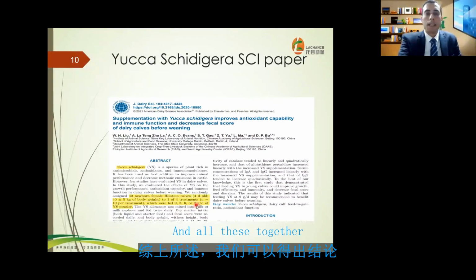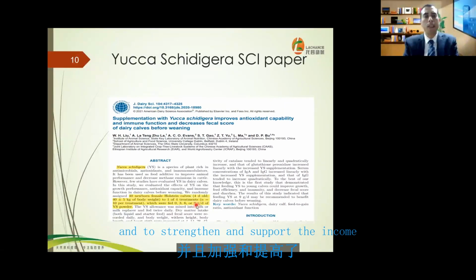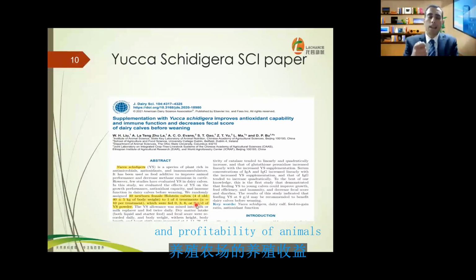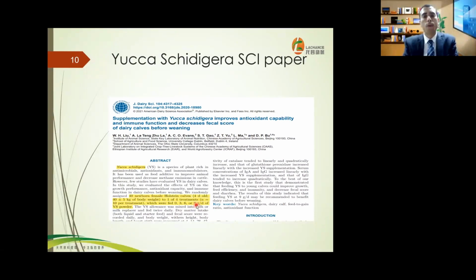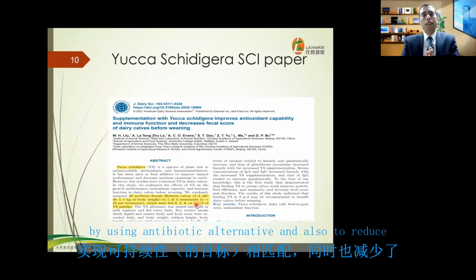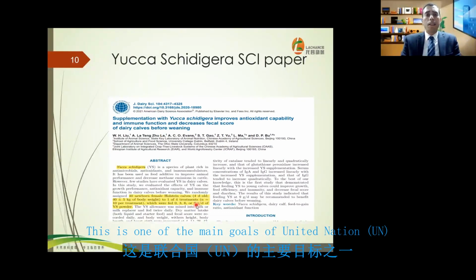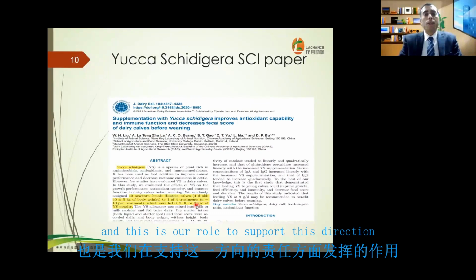All this together leads to improved performance and long-term efficiency of animals, and strengthens the income and profitability of animal production. At the same time, this matches with sustainability by using an antibiotic alternative, and also by reducing methane emission in ruminant animals. This is one of the main goals of the United Nations, and it is our role to support this direction.